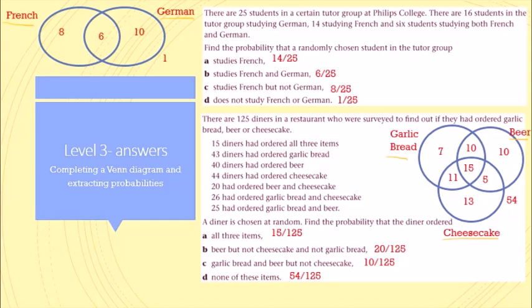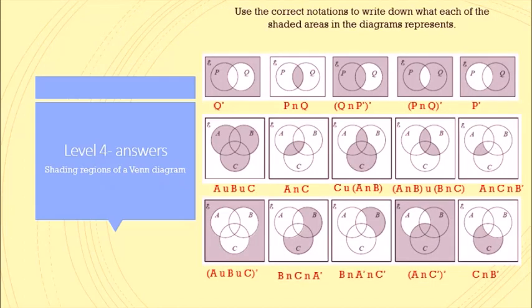Again, press pause, check your answers, and then we'll have a look at level 4 answers as well. Okay, so these are the level 4 questions. Again, these are the more challenging questions. Level 1 was easier, level 4 is the most challenging. These are the notations for those diagrams. Press pause, check your answers, and then we'll continue.